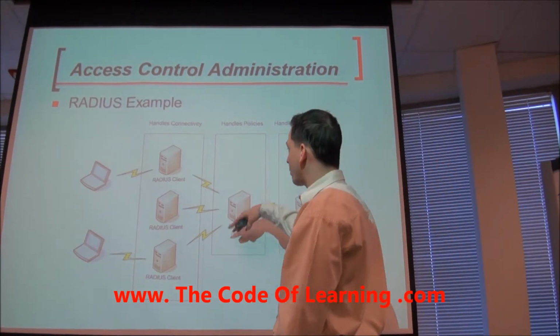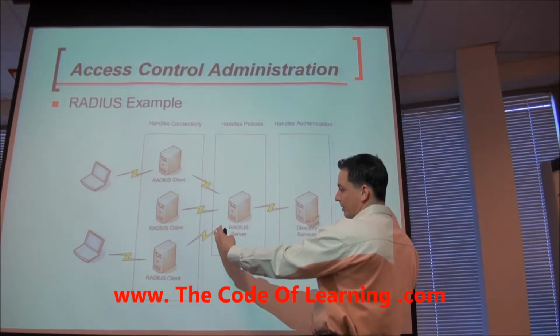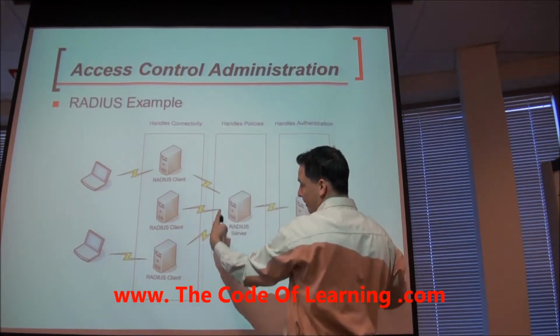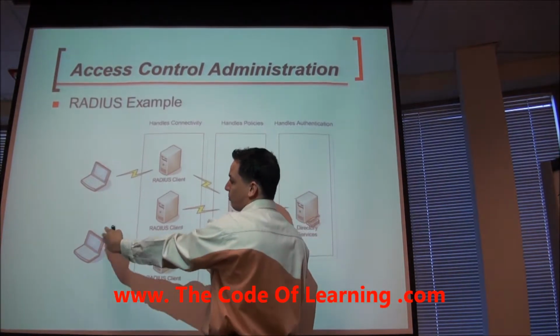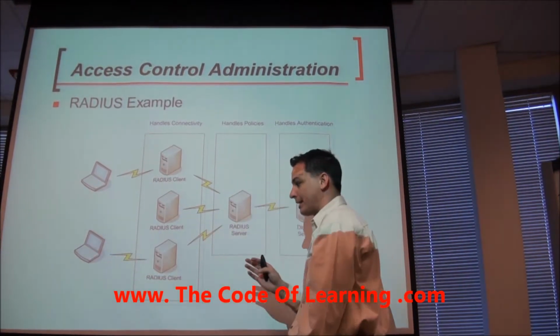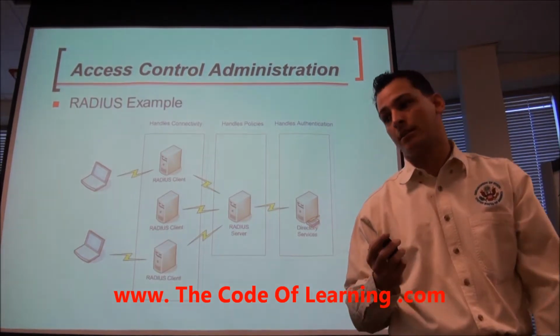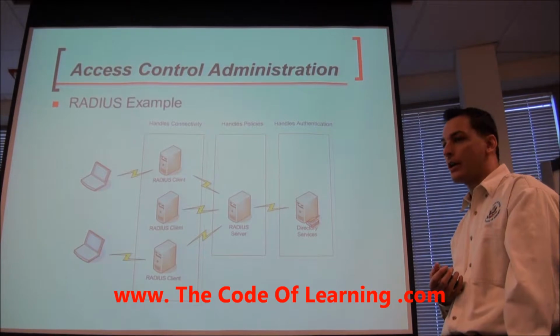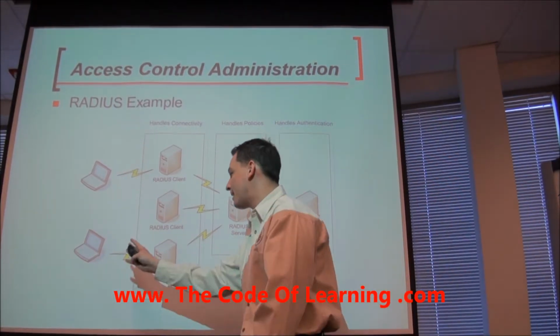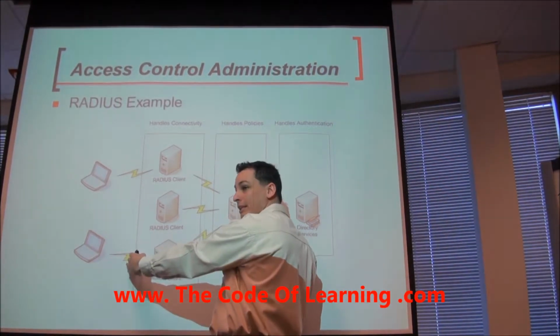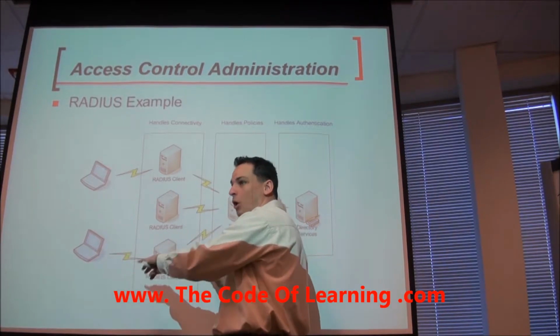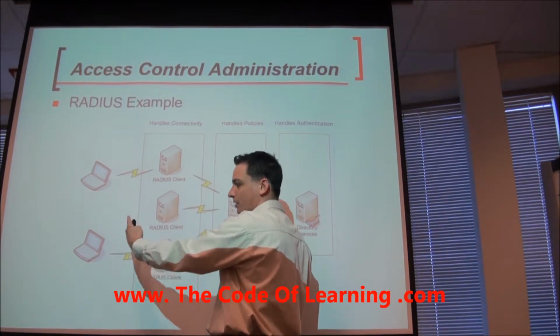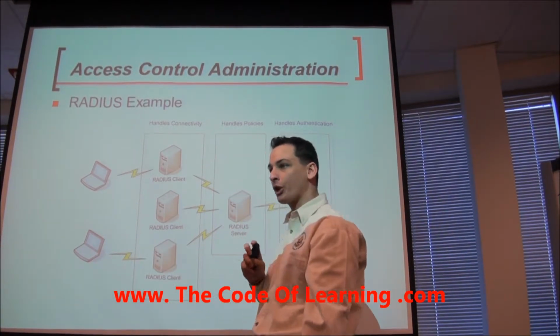The Radius server would be the back end, where your directory database is, and the front end is what the users touch, which would be your Radius clients. What they don't show here is that there would be some sort of DMZ, and the Radius client would sit in the DMZ, with firewalls and routers and switches and everything else to map this out architecturally.